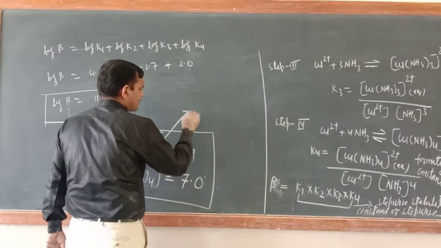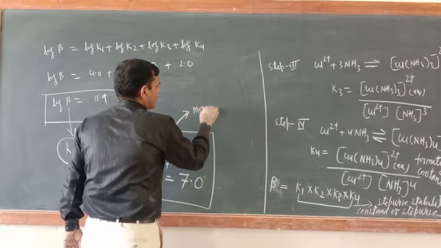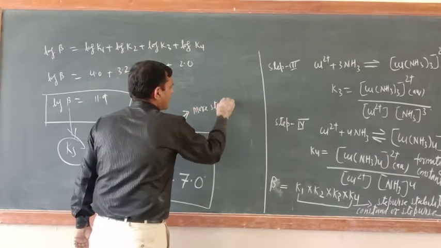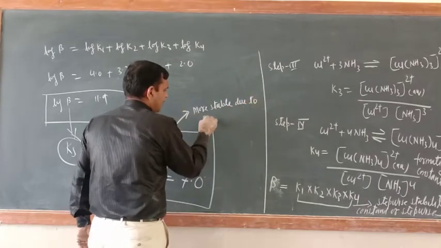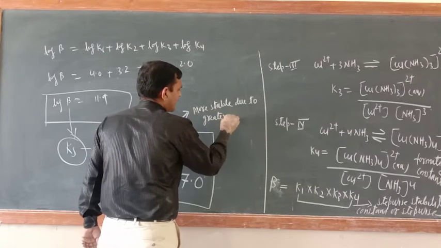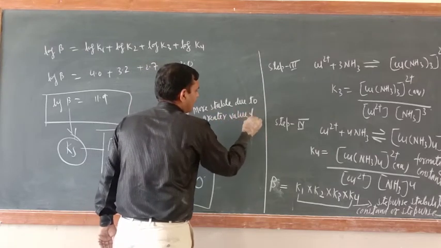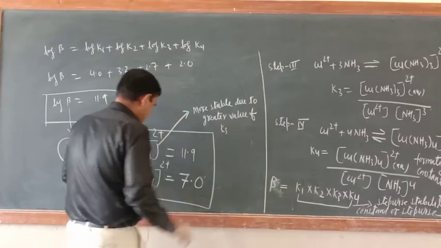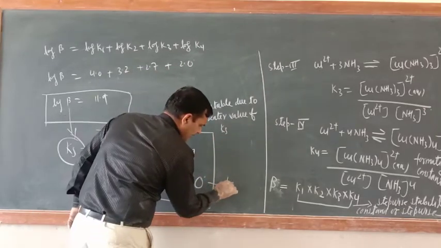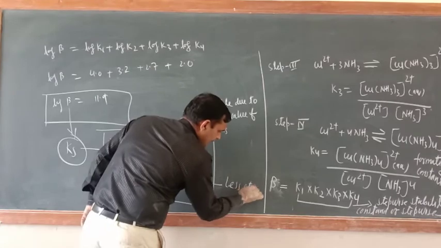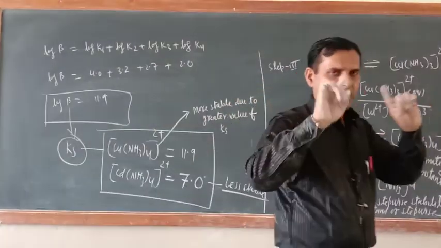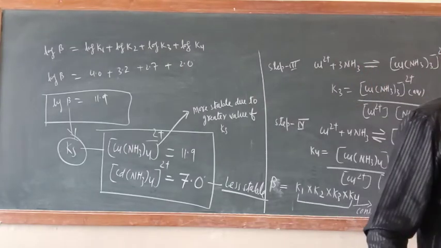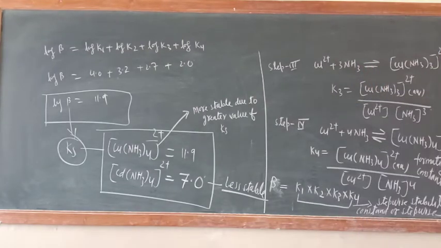This is more stable due to greater value of Ks, and this is less stable. So like that you can check other compounds also, if their Ks value or dissociation constant value is given, very easily you can find out their stability.